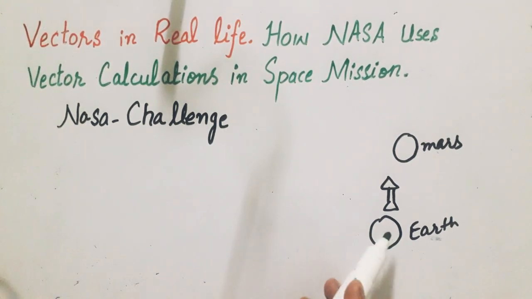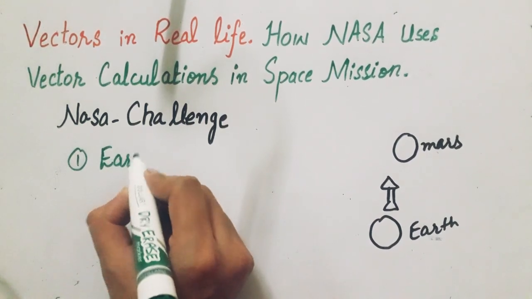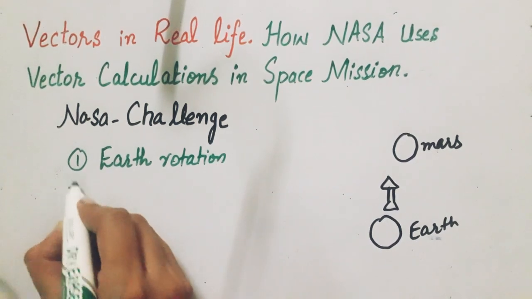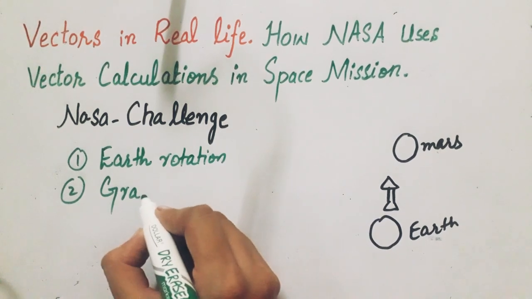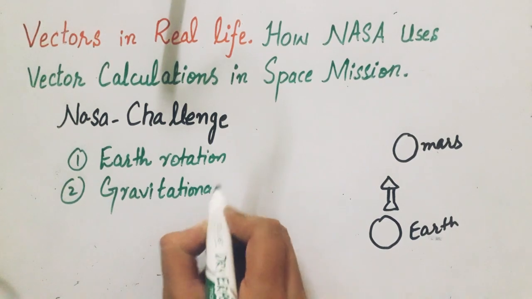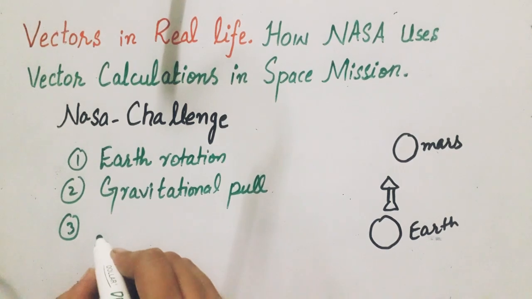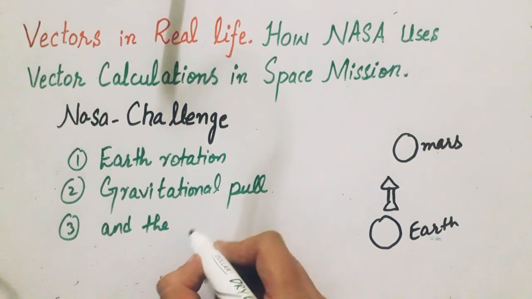When NASA launches a spacecraft to Mars, it's not just pointing and firing. They must consider, first of all, Earth's rotation, that is, how Earth is revolving. Second is gravitational pull, how Earth attracts. And the third, most important, is the orbital path of Mars.